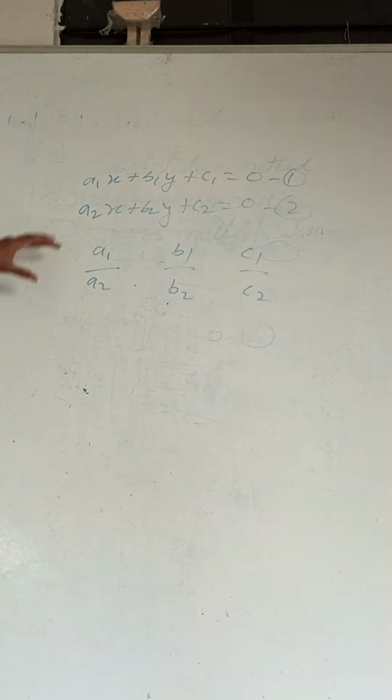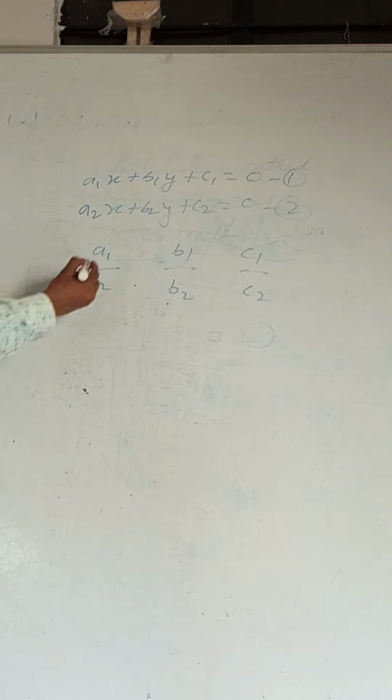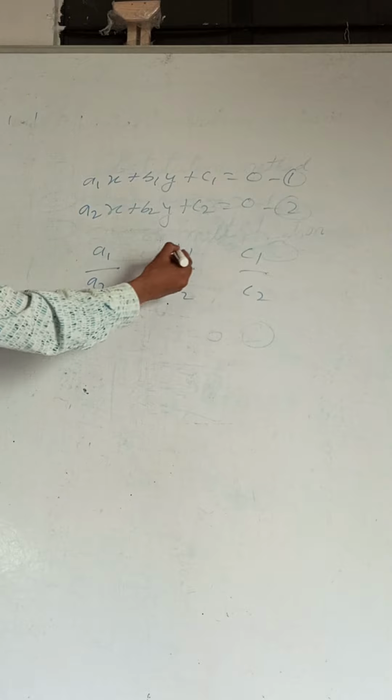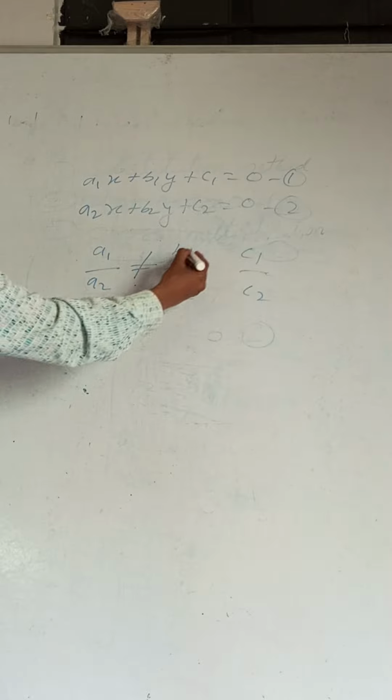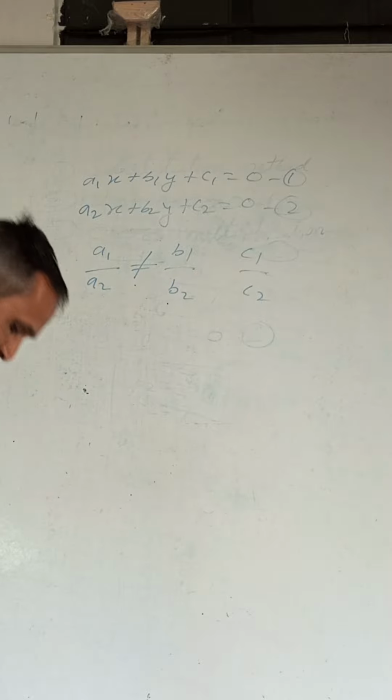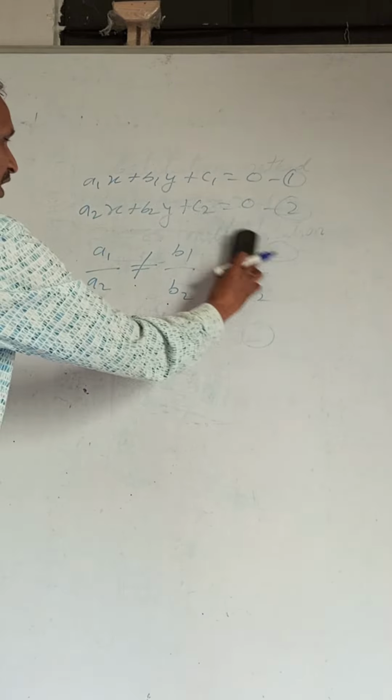What are the values of a1 in equation number 1 and 2? If a1 by a2 is not equal to b1 by b2, then the unique solution will come.